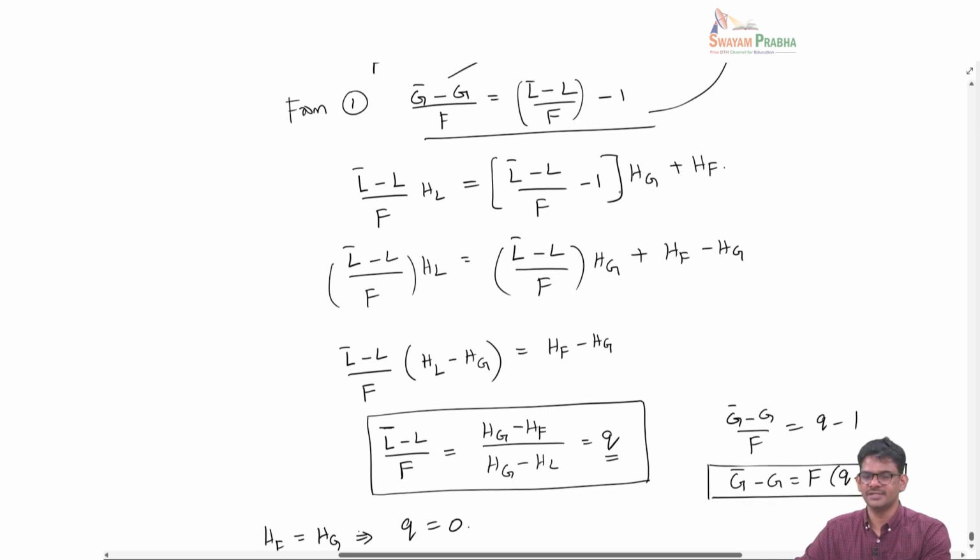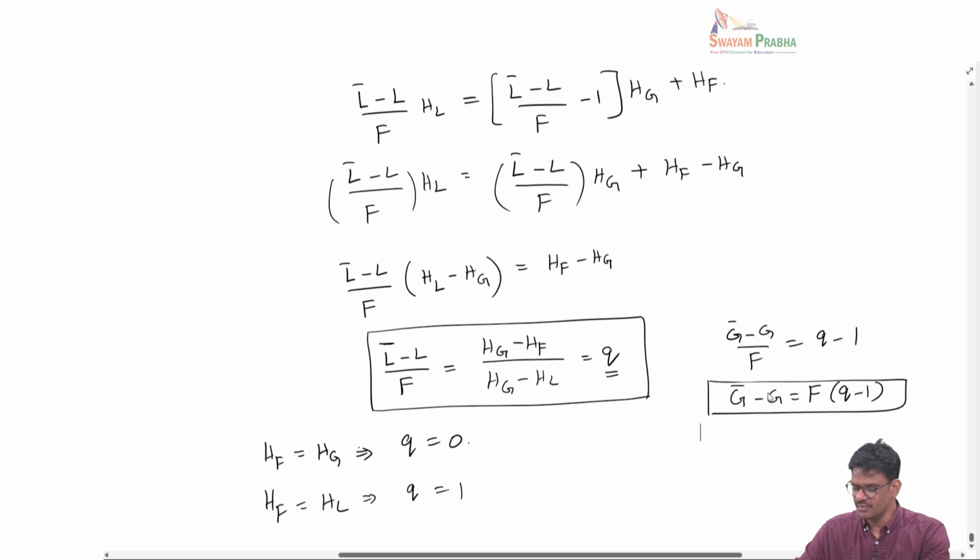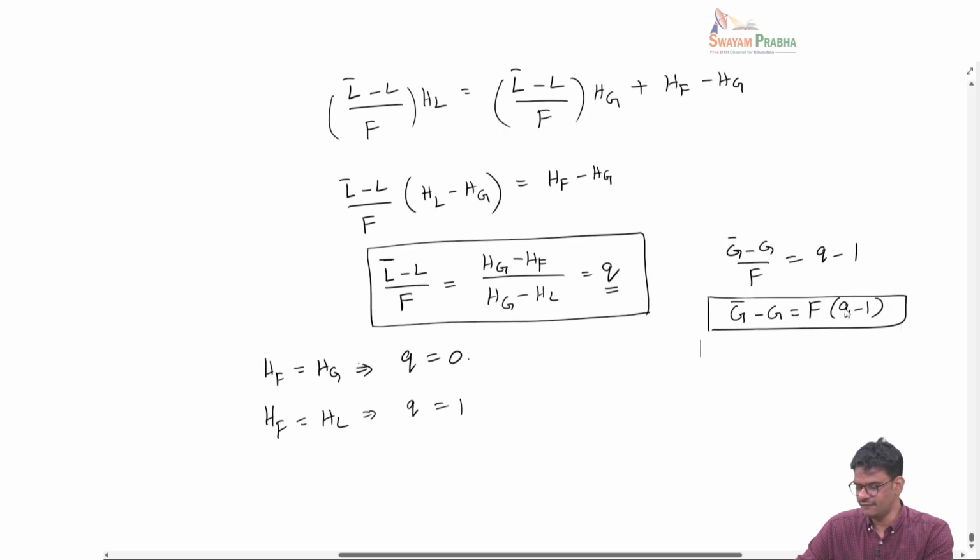The reason I am writing this is because if I want to know how much the vapor flow rate is changed because of the feed, this equation gives me the value. For example, if Q is 1, that means the feed is saturated liquid, and it is not going to change the flow rate of the vapor.